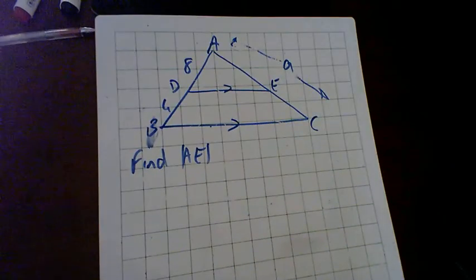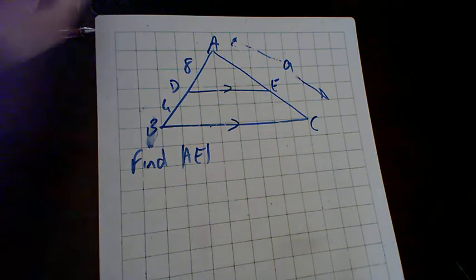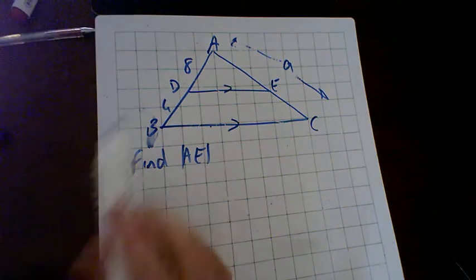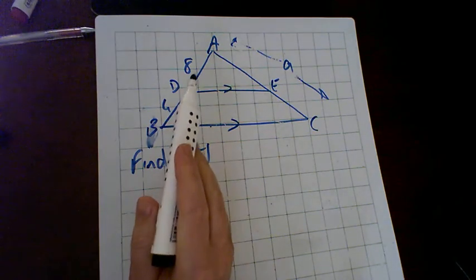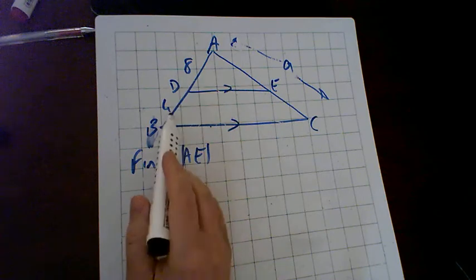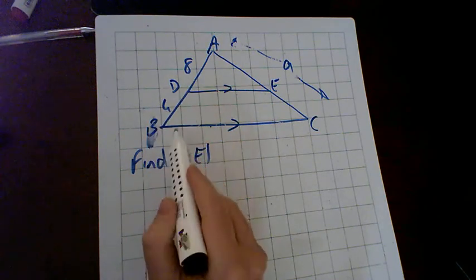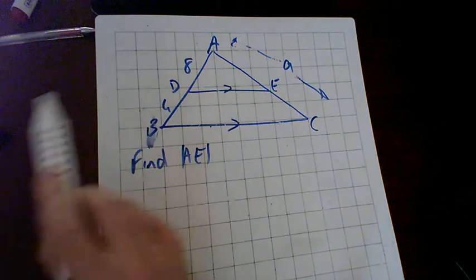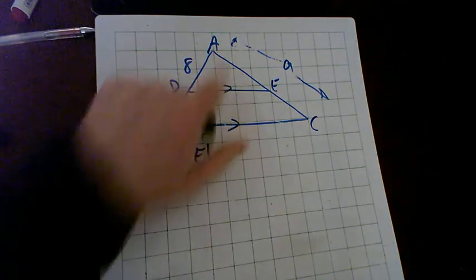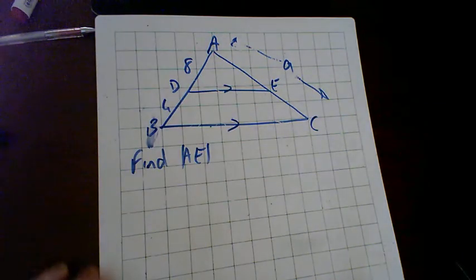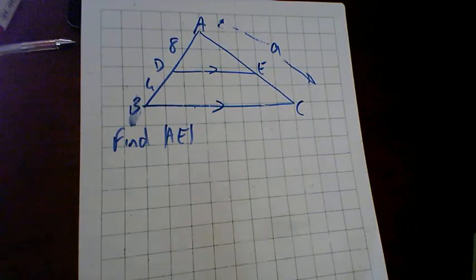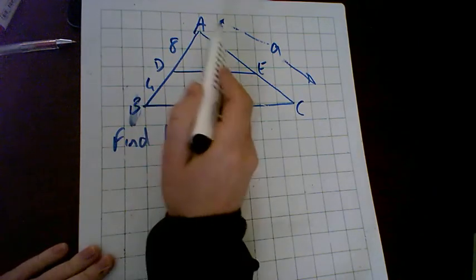BD is 8, DB is 4. They have the whole thing, AC is 9, and it wants to find AE. So to be honest, what I do is I look and see what I'm looking for first of all. So we're looking for AE.